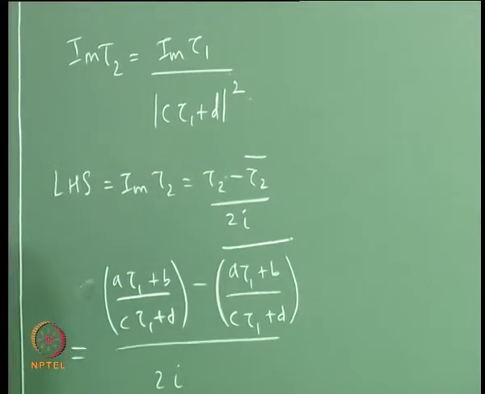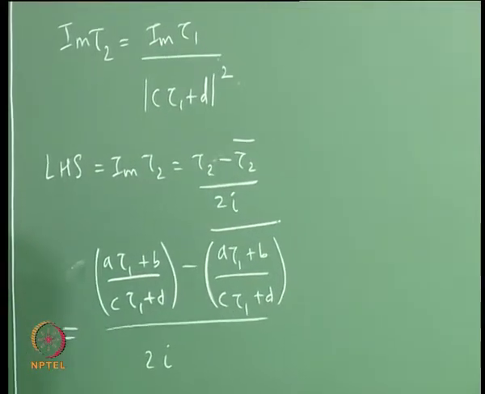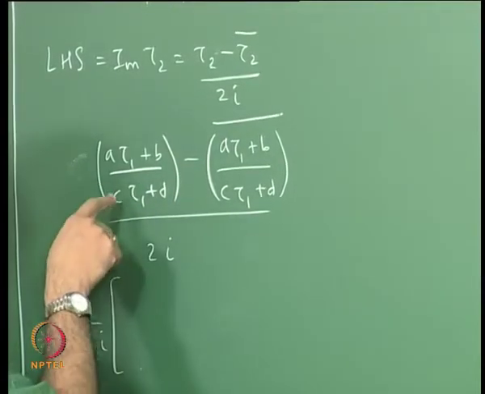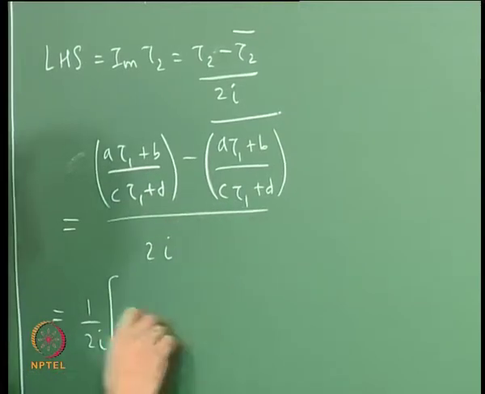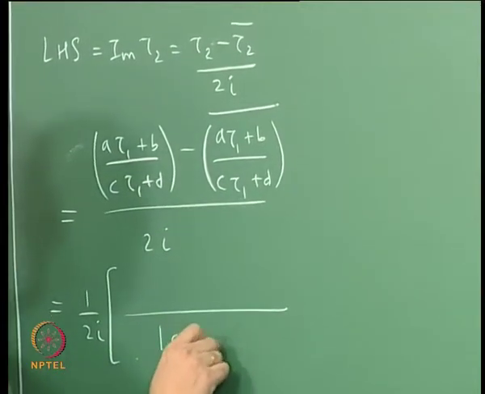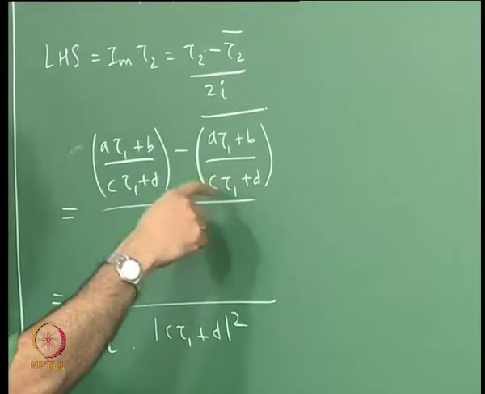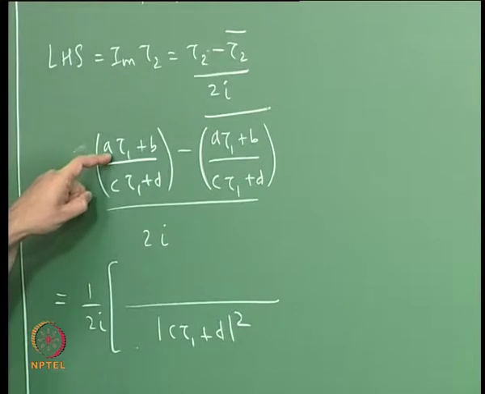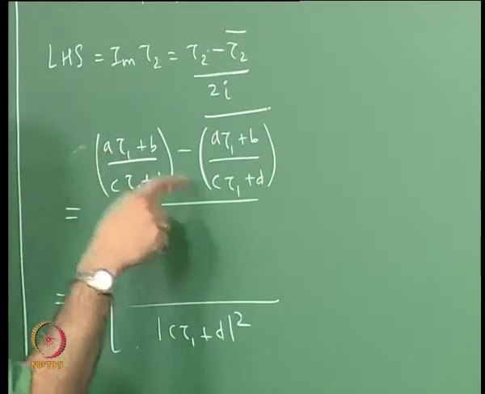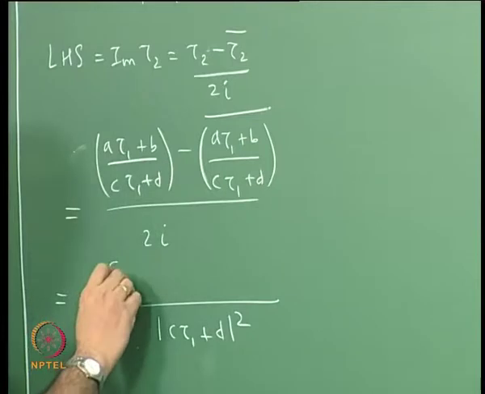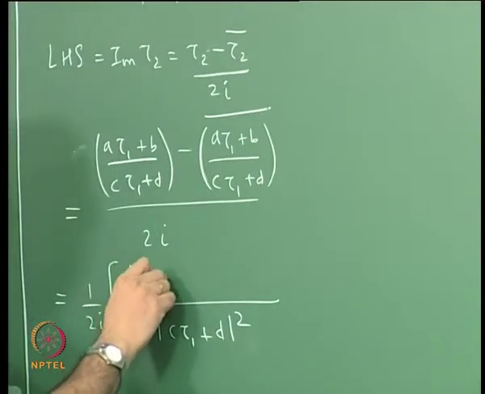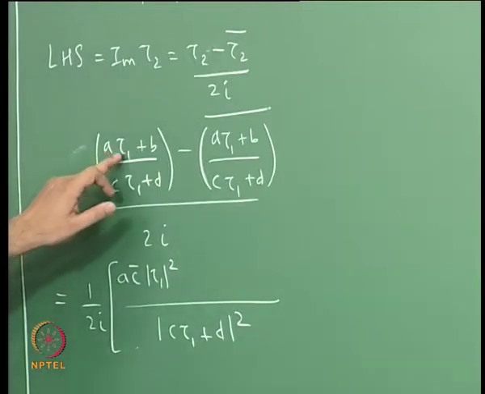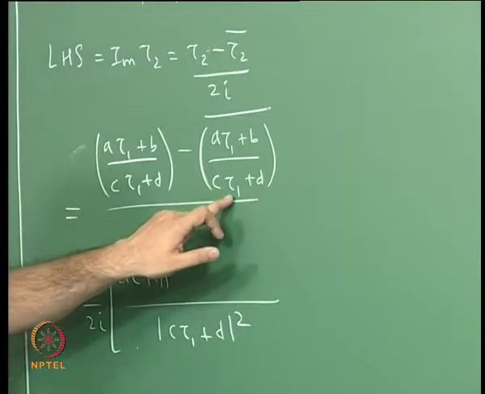This turns out to be 1 by 2i, with denominator mod C tau 1 plus D the whole squared, this complex number into its conjugate. In the numerator I am going to get A C bar mod tau 1 the whole squared, since it is A tau 1 into C bar tau 1 bar.